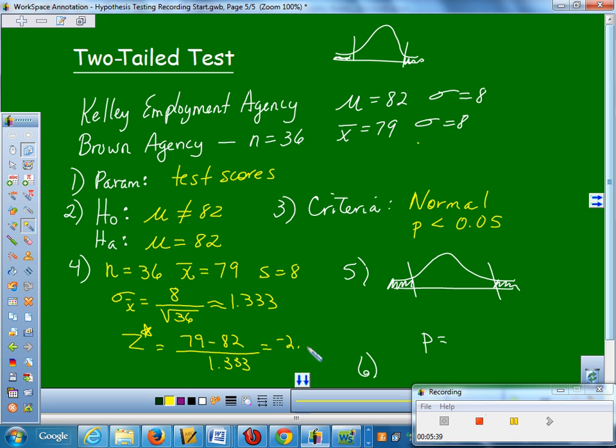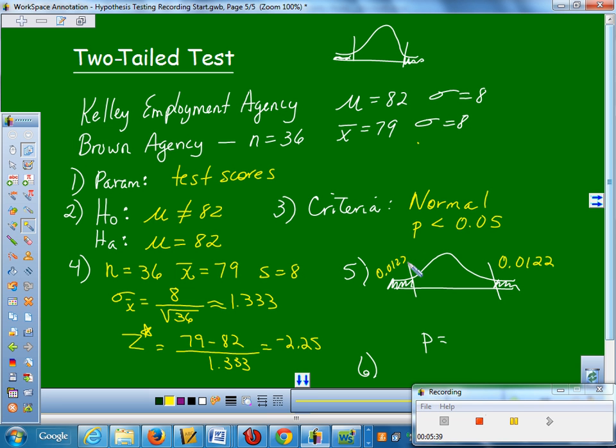It actually technically comes out negative 2.25, but in this case, since we're doing a two-tailed test, it's both positive and negative 2.25. So now we need to go to our table, find 2.25 in the Z column. Our picture is once again column C. If you haven't just figured it out, you're going to do column C pretty much all the time on these. And you're going to discover that it is 0.0122, but it would be that on both ends because we could err on either side here.